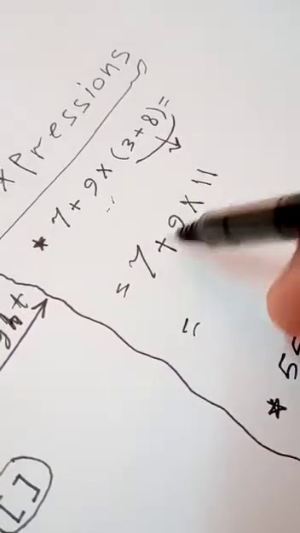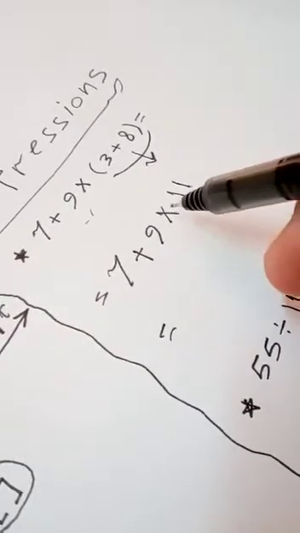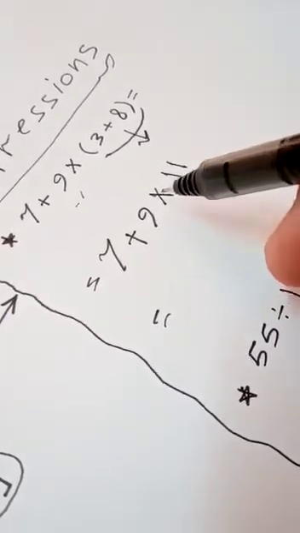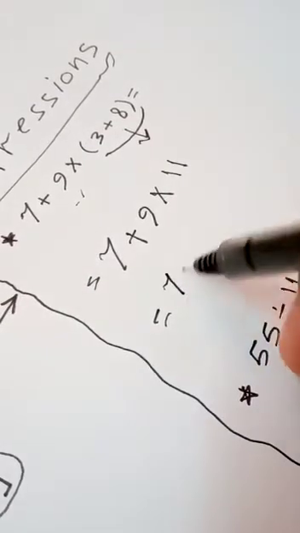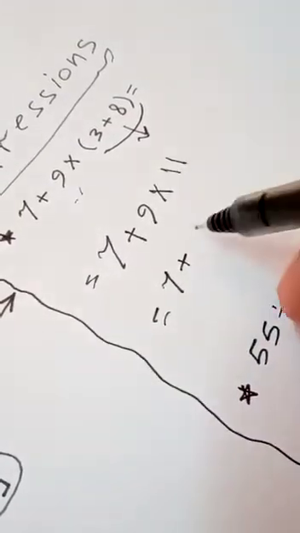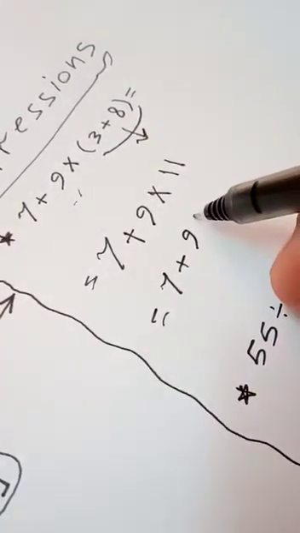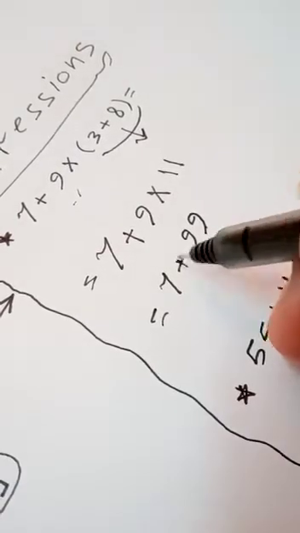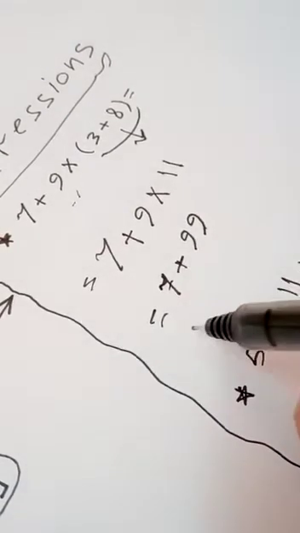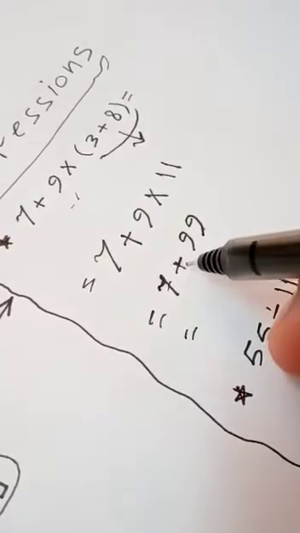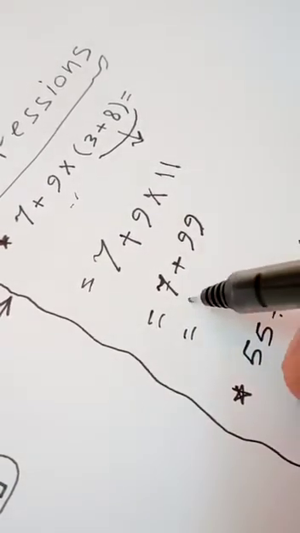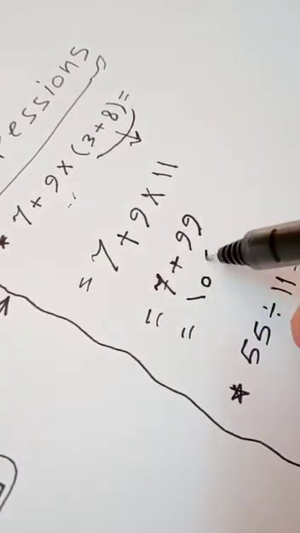Now we have plus and multiplication. The order is for multiplication. So we can write 7 plus 9 times 11, 99. Now 7 plus 99, 106.